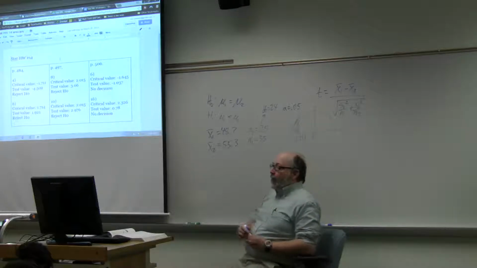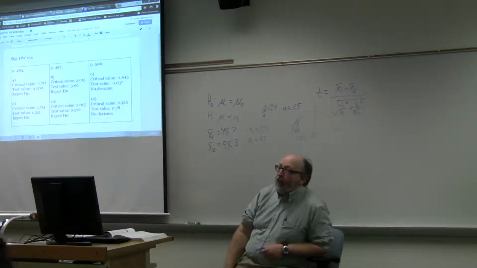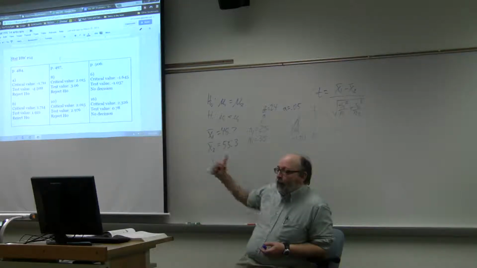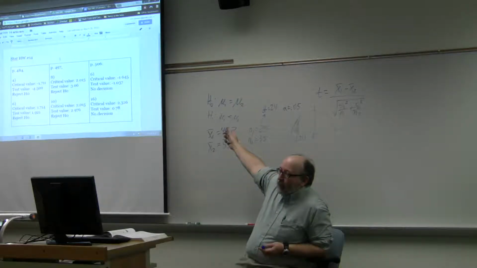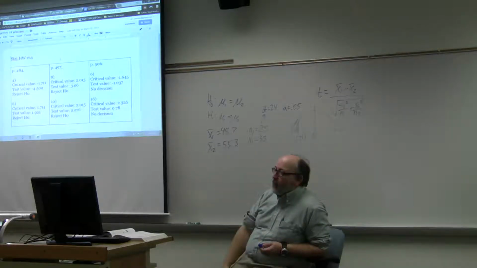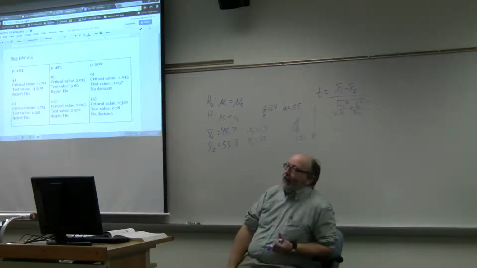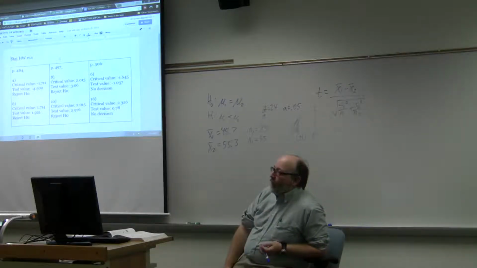Now, in the formula, it also has mu1 minus mu2, but that's 0 because mu1 is equal to mu2, so we don't really need that part. So here's the formula. We put in those numbers, and hopefully we get negative 4.509. That's what's supposed to happen.